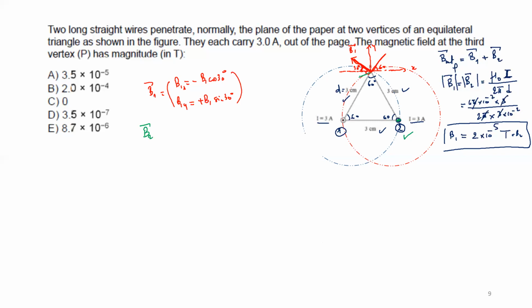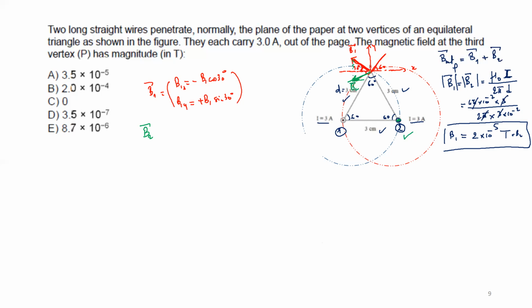And it's tangent to the circle. You see the red circle? It's tangent to the circle, and it has the same magnitude. So it's up here, of course, and this is B2. B2 has the same magnitude as B1.